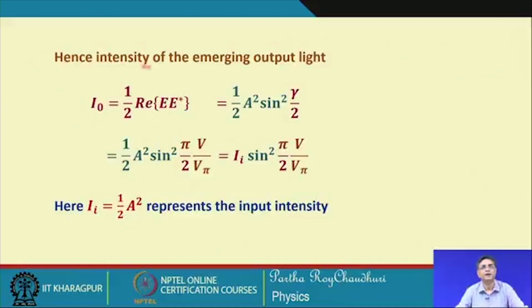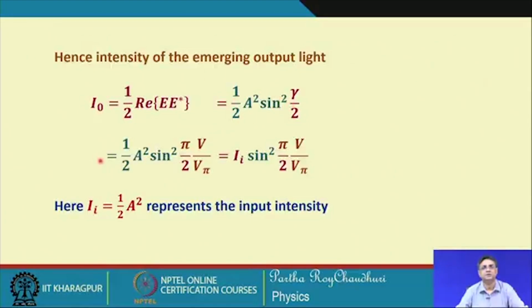Therefore, you can write the intensity of the emerging light output. Basically, we are looking for the intensity modulation. So, it is the intensity I0 that comes from the real part of E star and half of that time averaged. So, half of A square sin square gamma by 2. So, this is your input intensity.